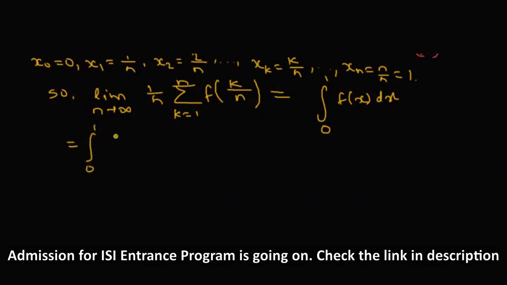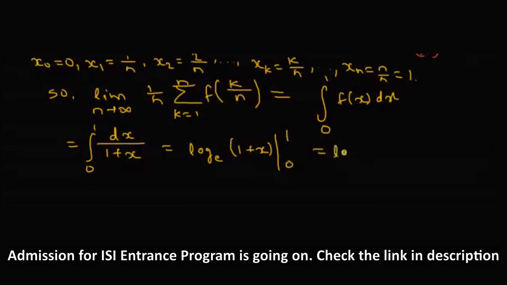It is the integral from 0 to 1 of dx by 1 plus x, which is equal to log base e of 1 plus x, evaluated from 0 to 1.